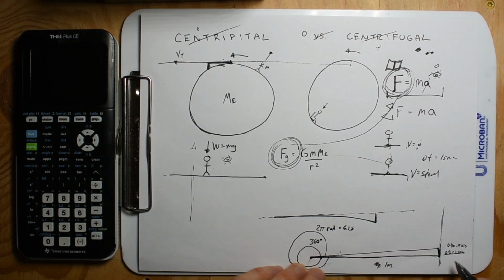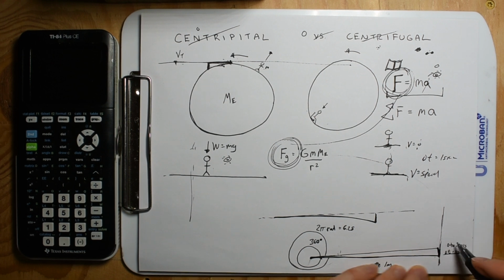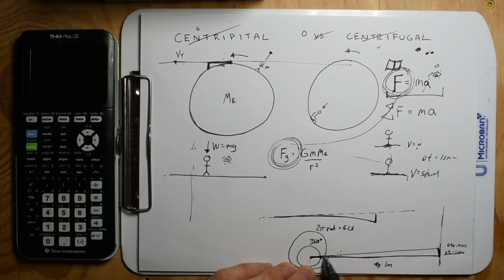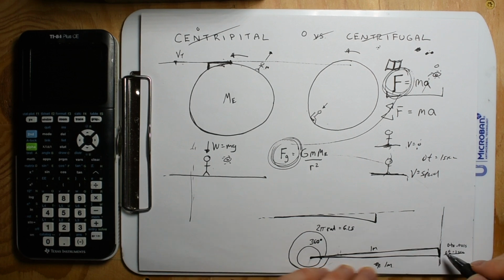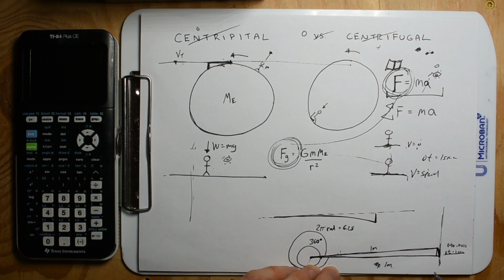So what we do here is we say this is also 1 meter, and then we bring this down. And when we do that, we get this distance right here, which, if this is our angle, this is the sine part and this is the cosine part.